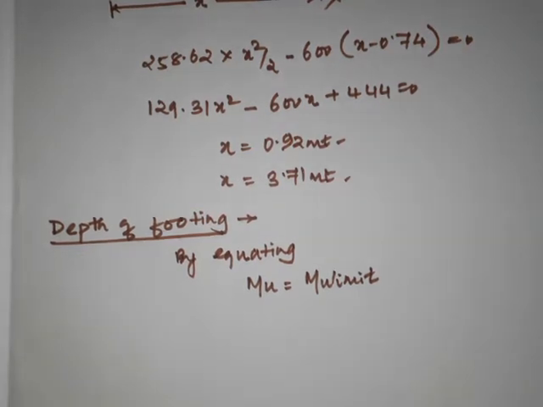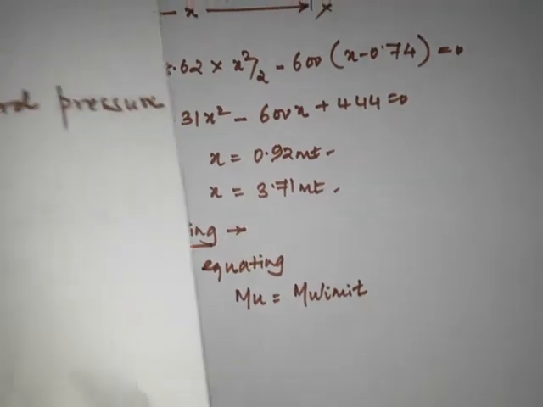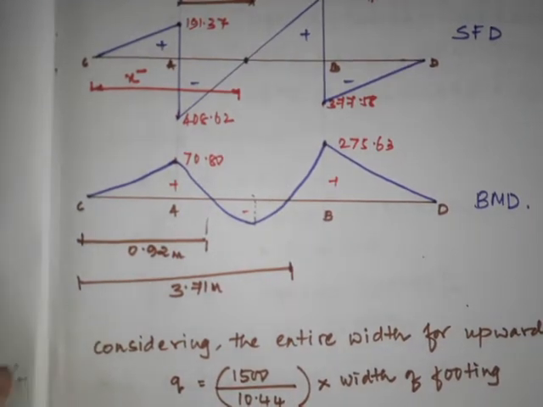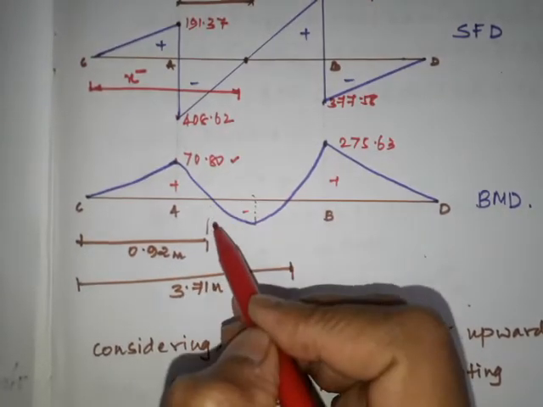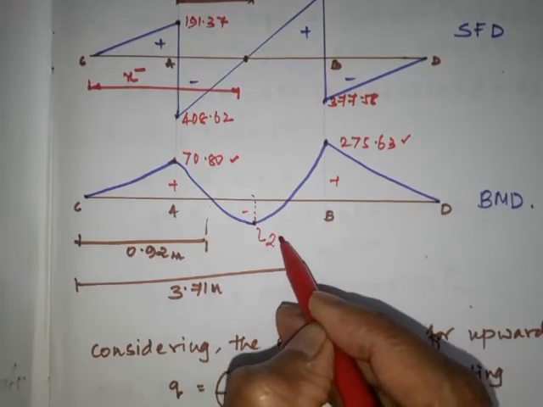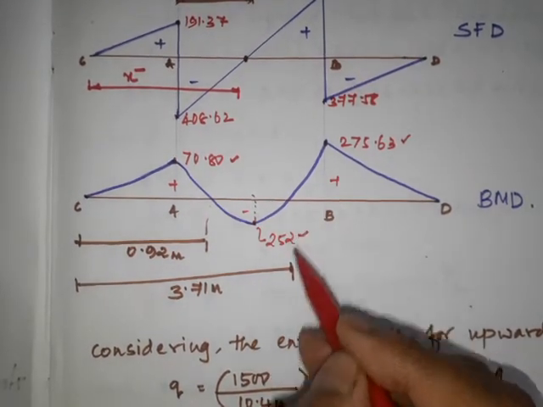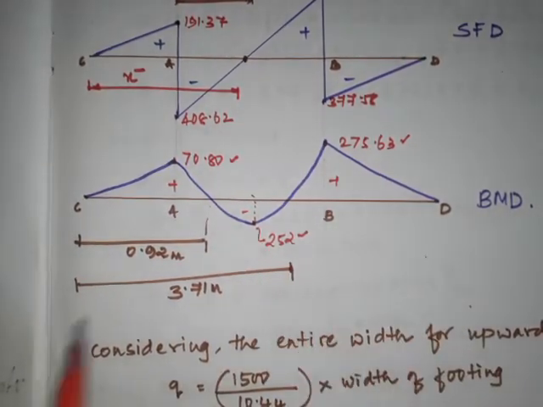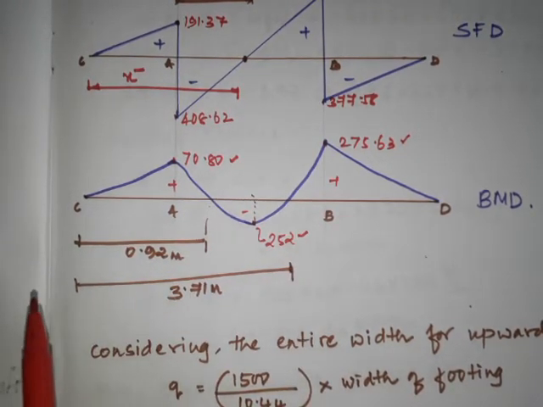If you go back and check the bending moment diagram, we have three values: 70.8, 275, and 252 at midspan. Out of these three, you choose the maximum bending moment and use it for the calculation of depth.